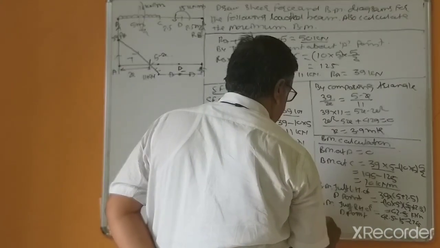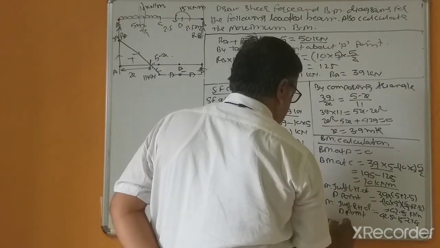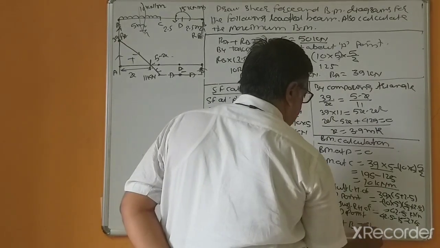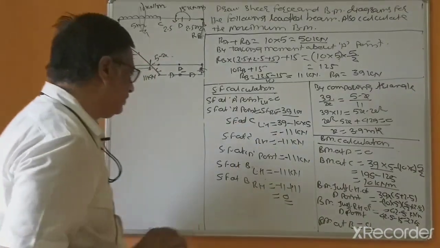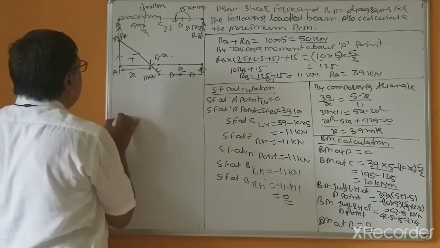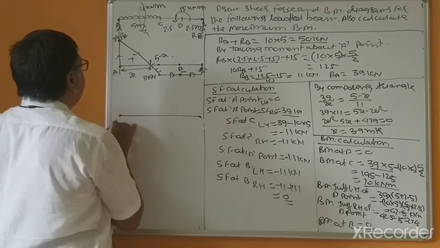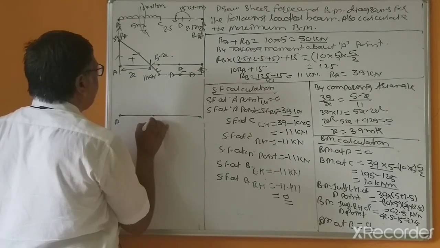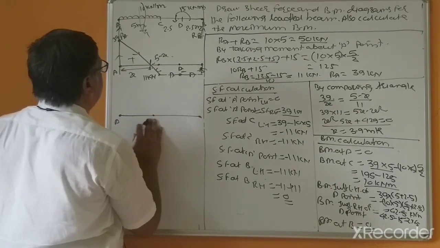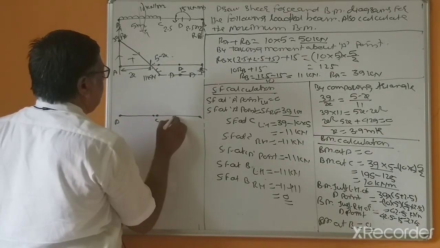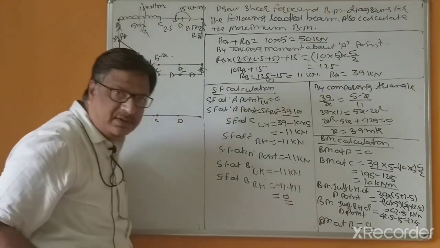And bending moment at B point equal to 0. So that's why you can draw the bending moment diagram: A point, C point, C point, D point.